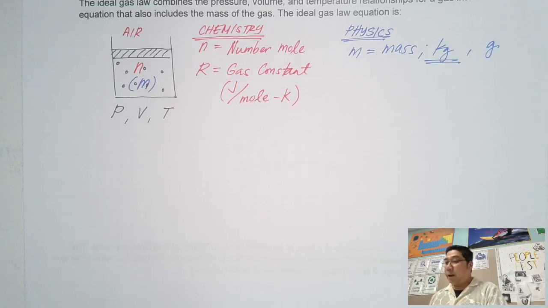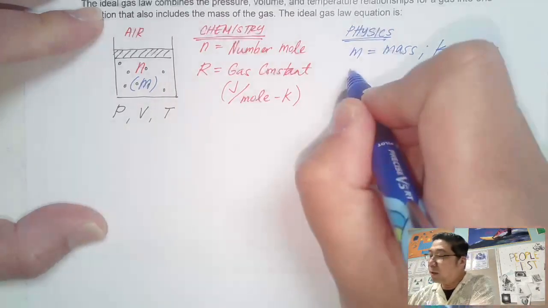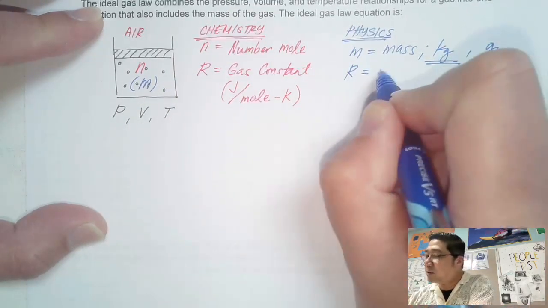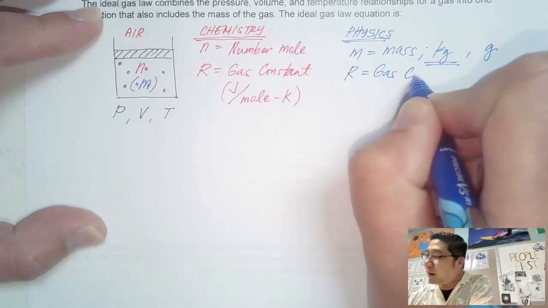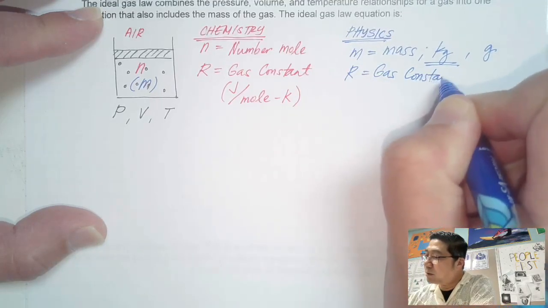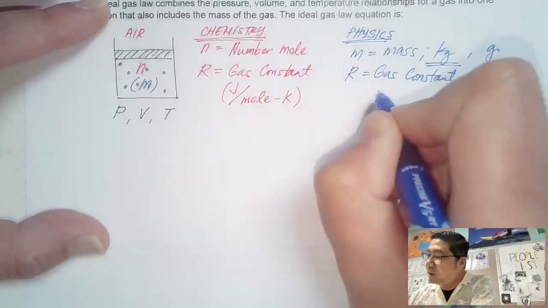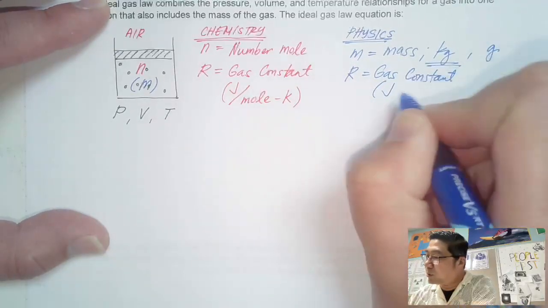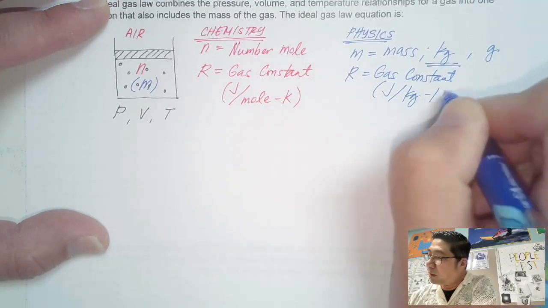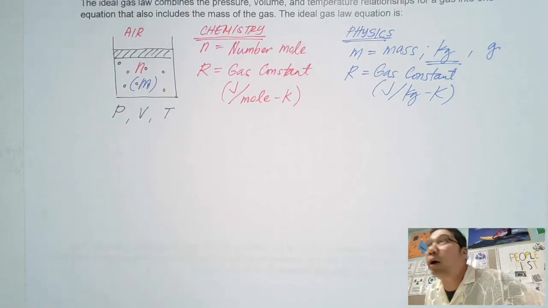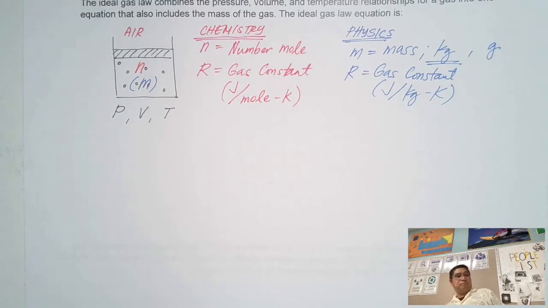R is still the same thing, gas constant. But now our unit will not be joules per mole Kelvin, but joules per kilogram Kelvin, so per unit of temperature and mass.